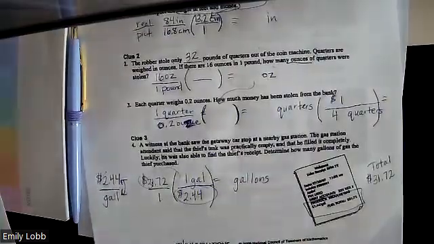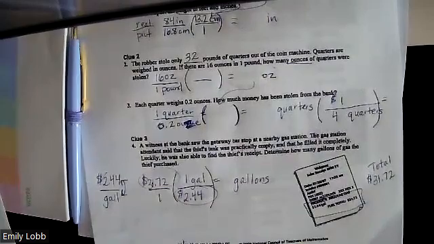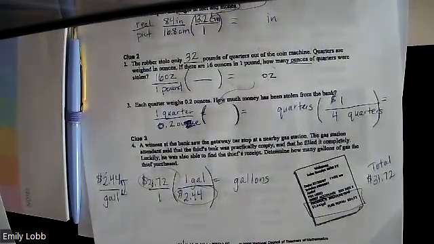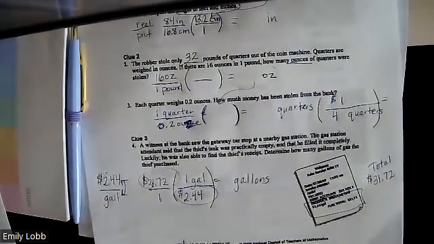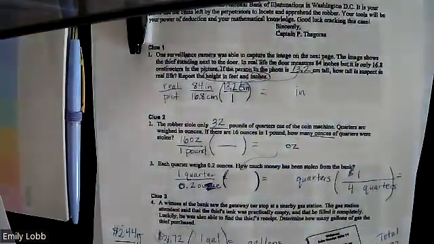All right. I'm going to give you a little bit of time to catch up. I'm going to collect. In fact, if you'll just put your name on your clue sheet, then you won't even have to close your packet up.